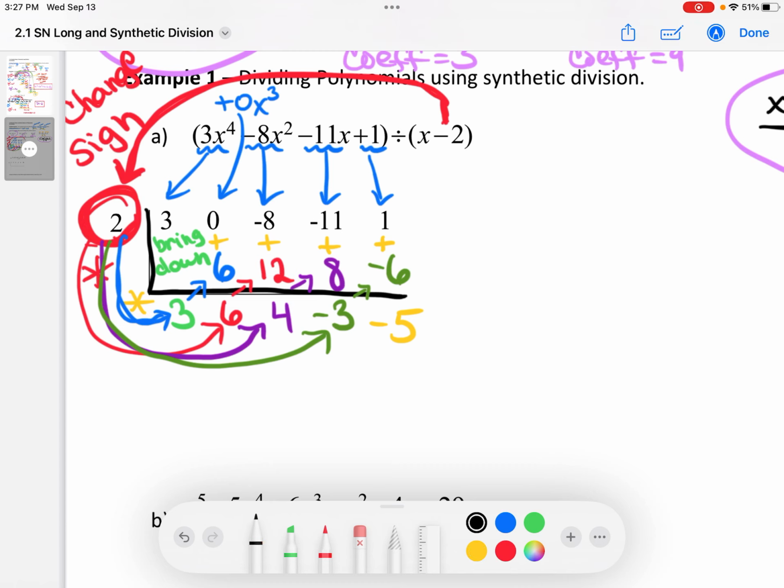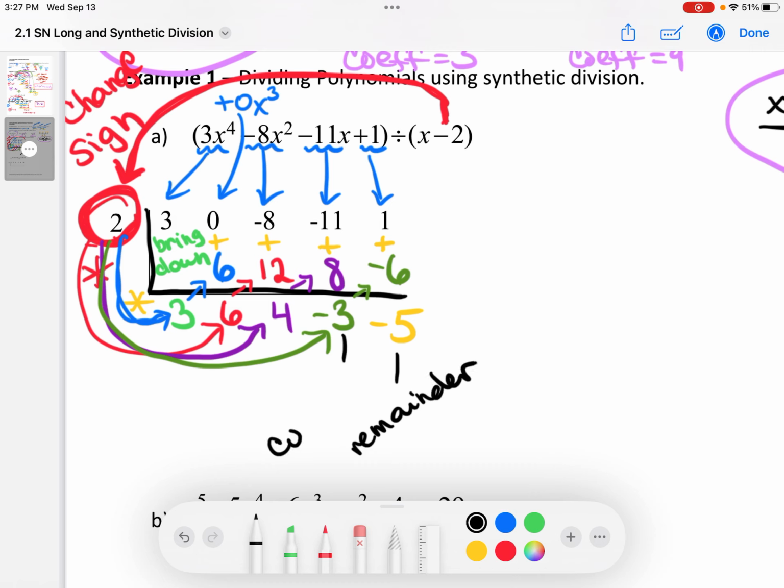Now, those numbers by themselves don't actually mean anything. But what they represent are the values and the coefficients that are in the result of the long division. So, starting on the right, the number on the right is always the remainder.